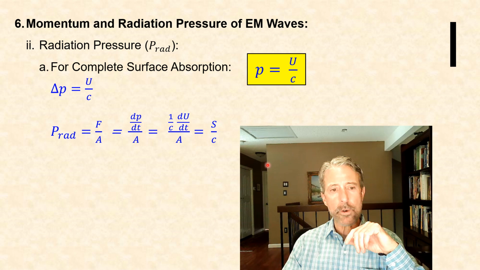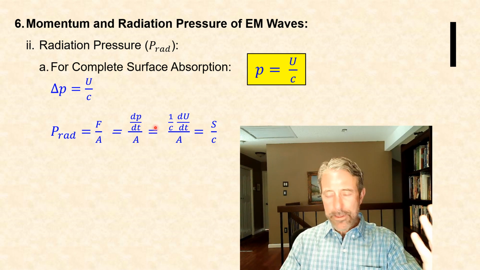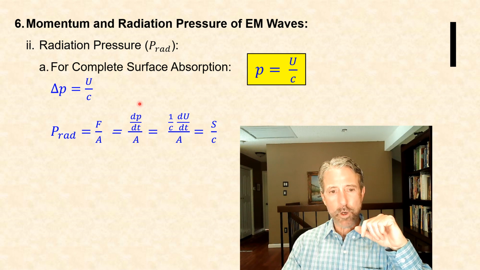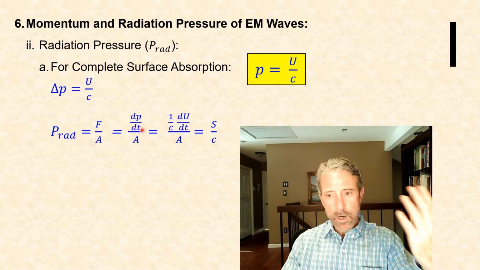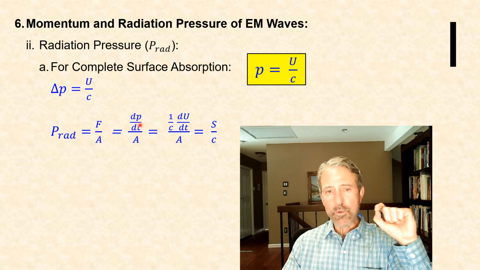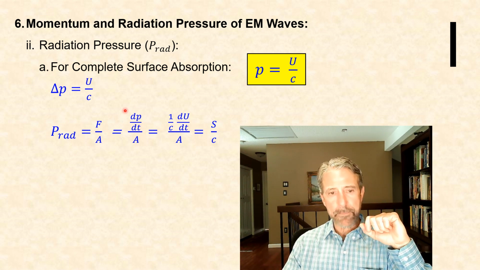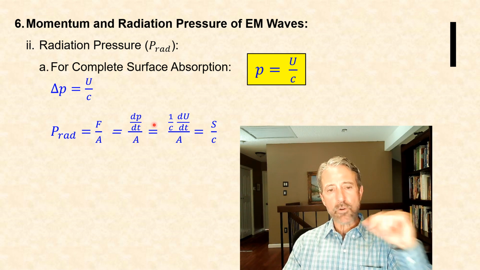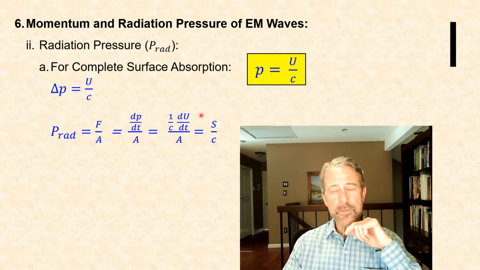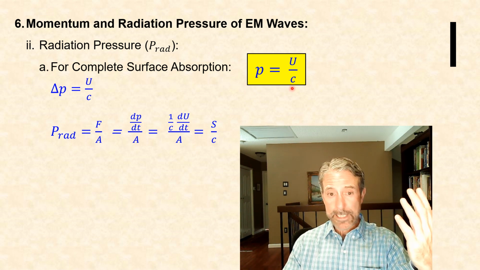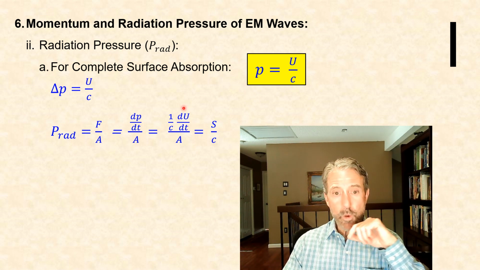Now think even further back to your course in mechanics, Physics 101 here at MJC, where according to Newton's second law, the force is exactly equal to the time rate of change of momentum, dp/dt. And when we look at our relativistic expression for momentum and differentiate that with respect to time, this is what we get.